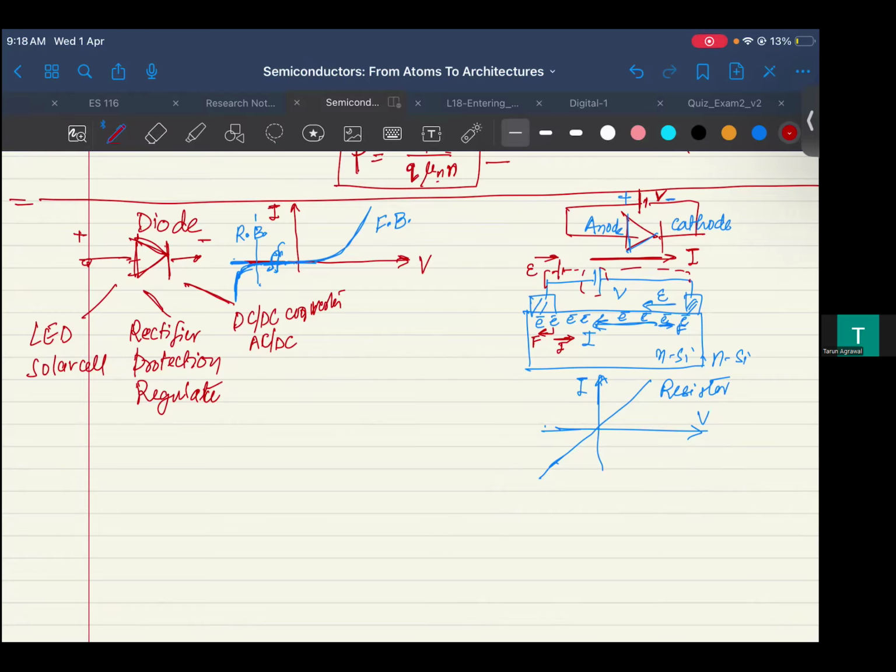What is the main concept of a junction or a diode implementation is that I have to stop the electron flow in one direction.